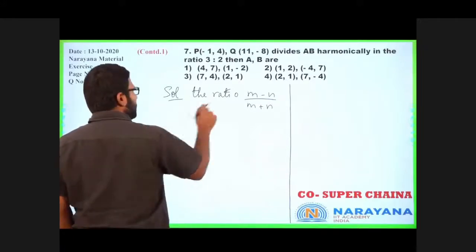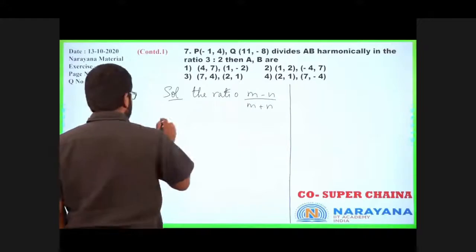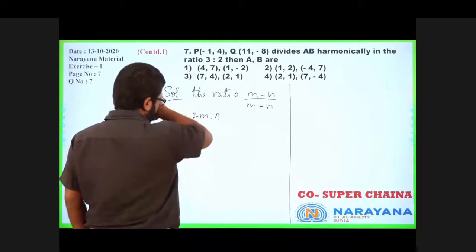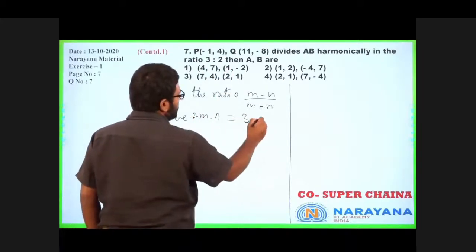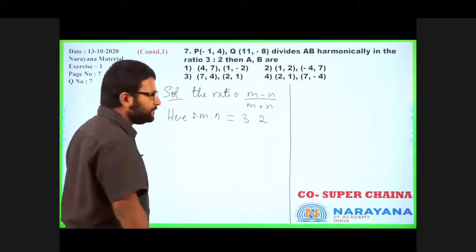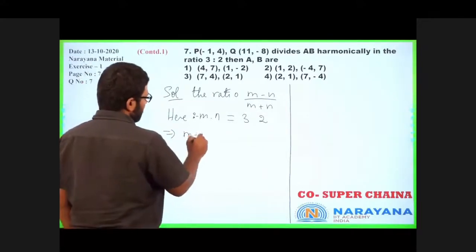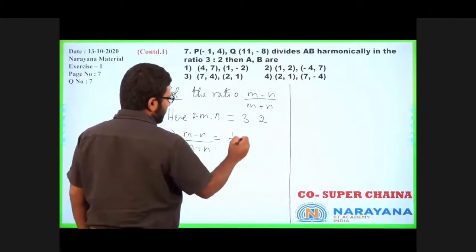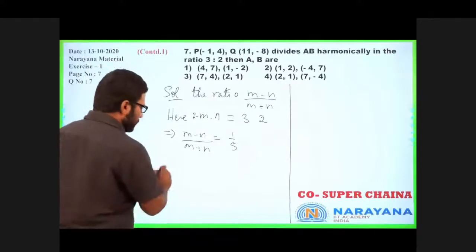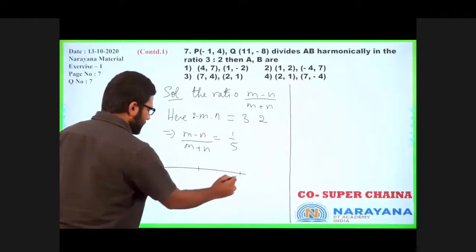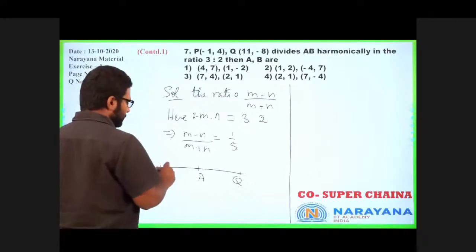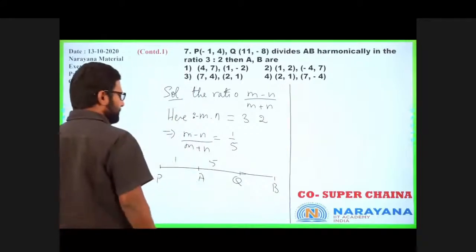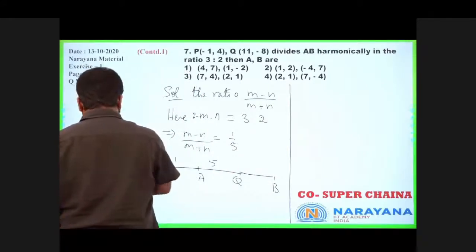So first here, what is M minus N, M plus N? Here M is to N is given as 3:2, right? This is the original ratio of division, which means M minus N upon M plus N would be 3 minus 2 by 3 plus 2, 1 by 5, right? So what it means is, if you're taking P and Q, take this ratio as 1:5, and then you take point B, B should be on another side.